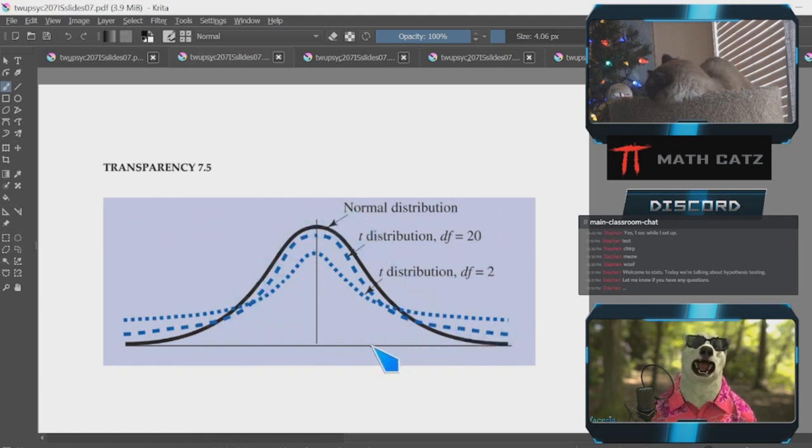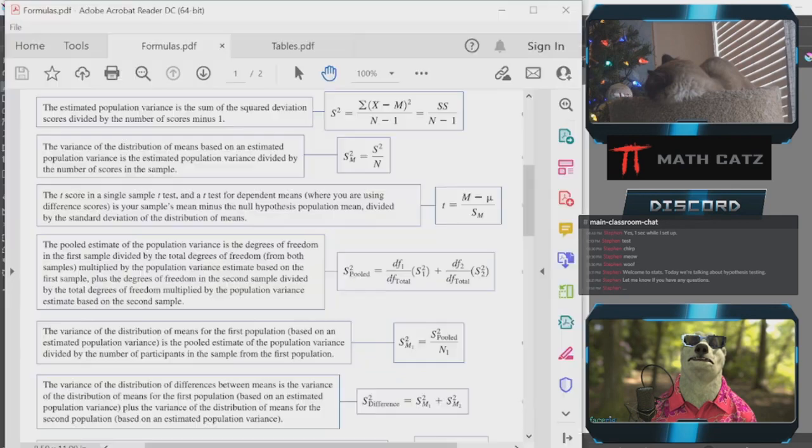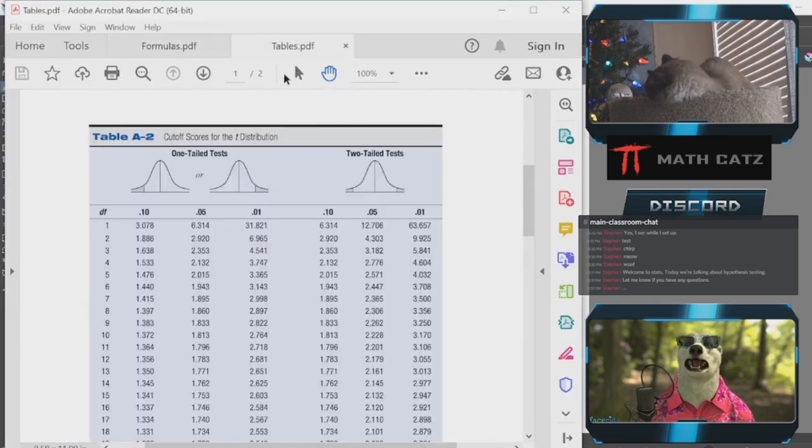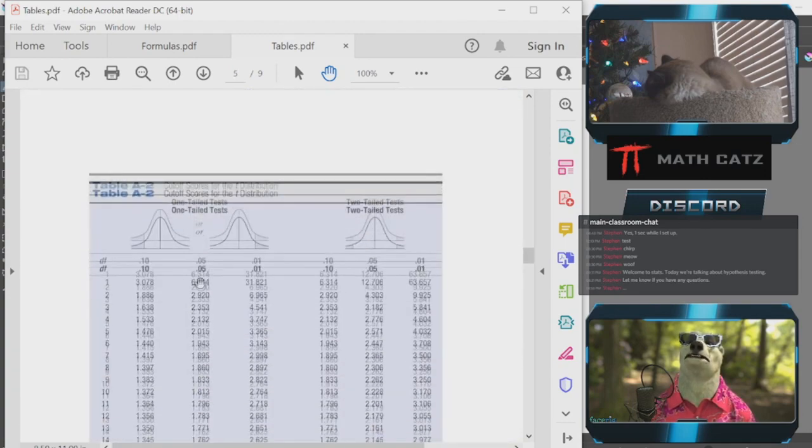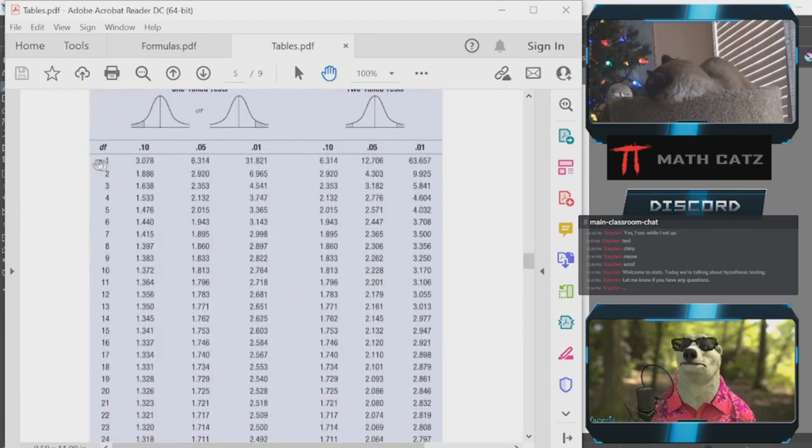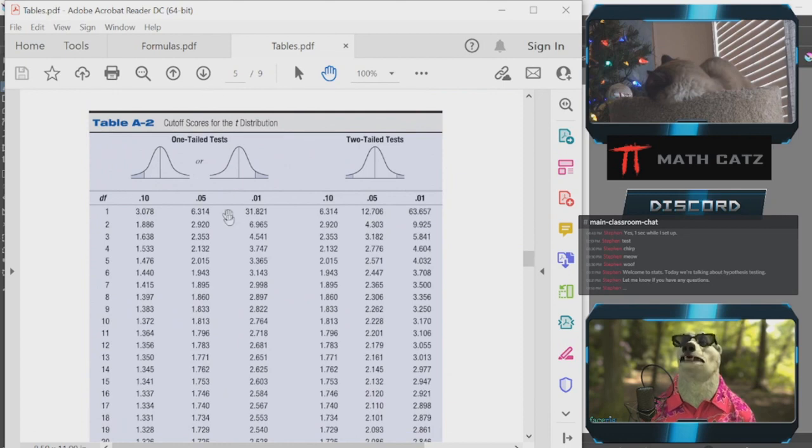And when you look at the statistical tables that I'll bring up here, we will then use the t-distribution tables. Because there's technically a table for each degree of freedom, they just give us the highlights. For different degrees of freedom, I have the familiar alpha values, and they only focus on those.